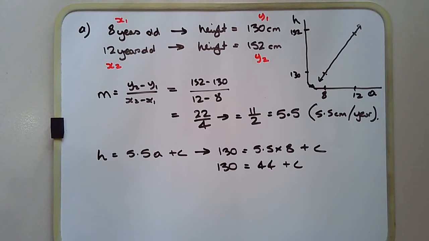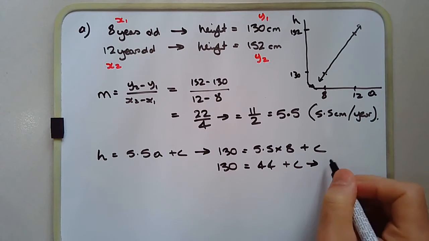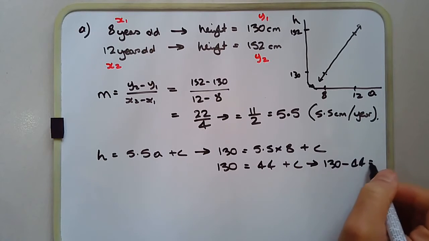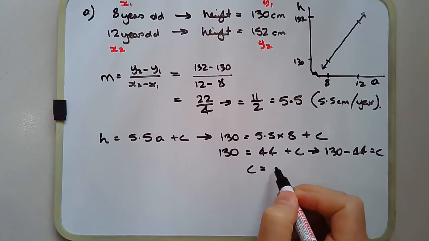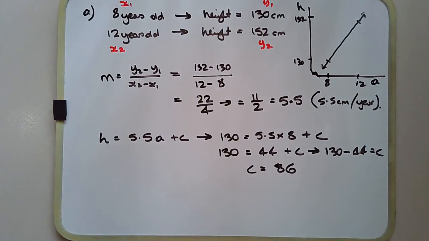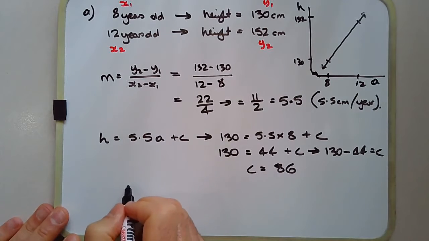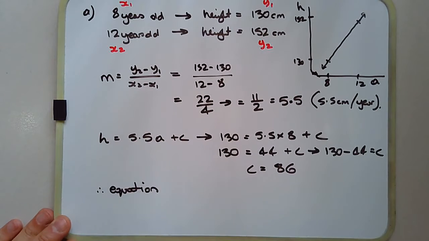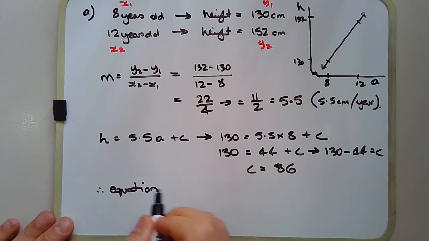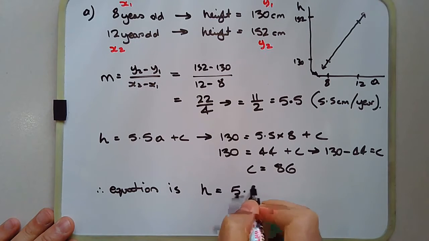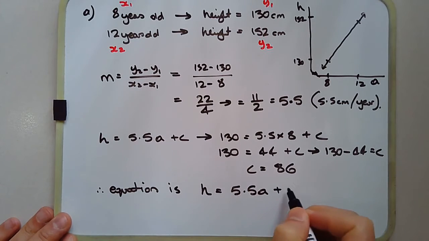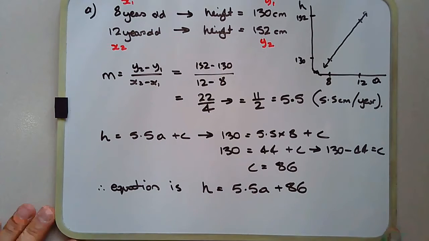Moving the 44 over, 130 minus 44 equals c, and c is equal to 86. So therefore the equation that links height with age in algebraic form is height is equal to 5.5 times the age plus 86.